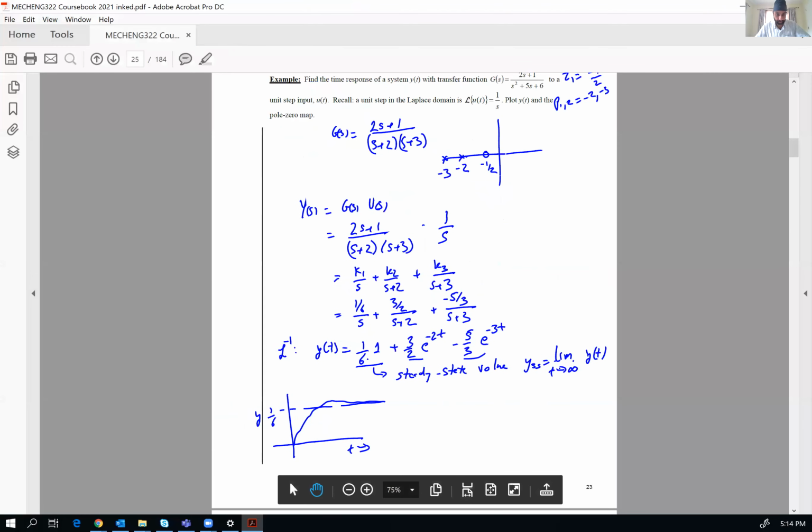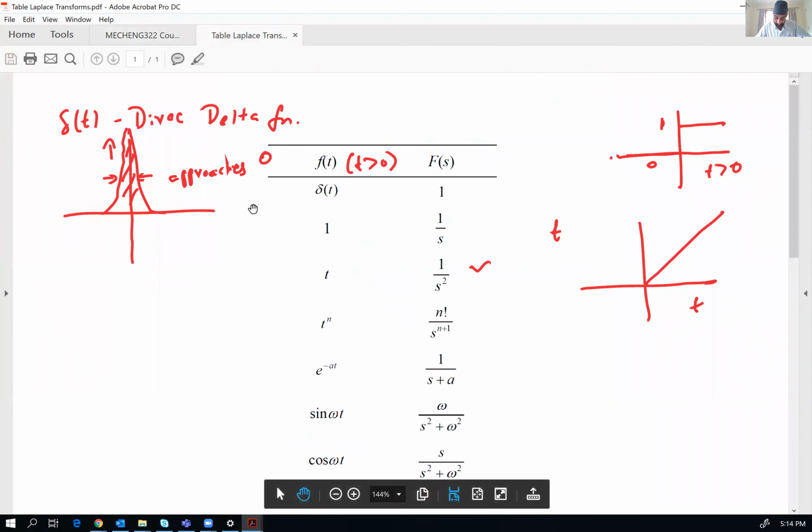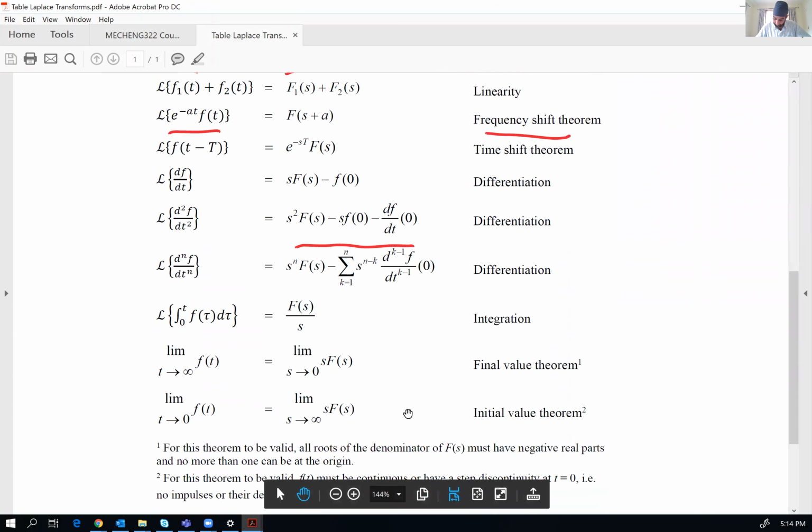In this case, you may like to remember that there is a property of Laplace transforms which describes the limit of a function as t tends towards infinity by looking at the Laplace transform.